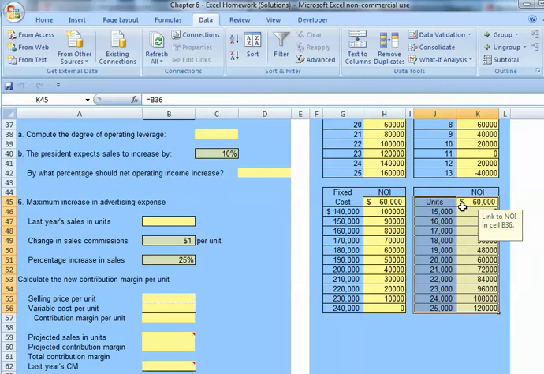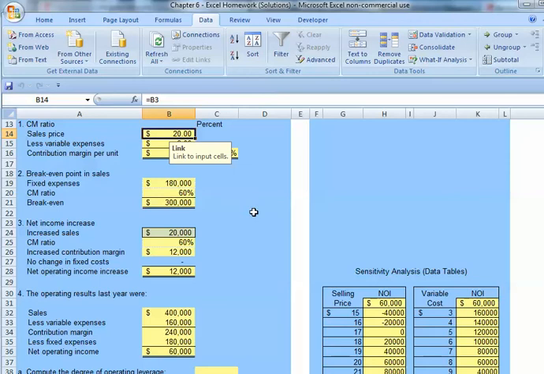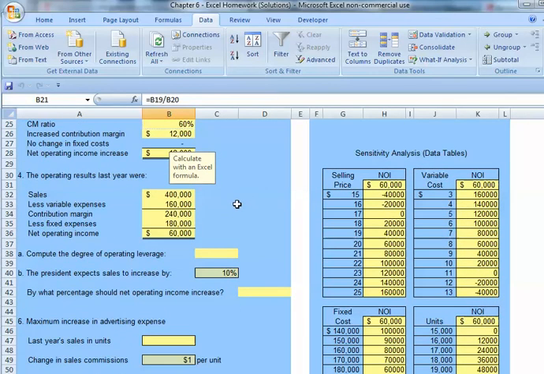And when we do that, we can see we would have had a break-even point at 15,000 units. 15,000 units times our current selling price of $20 per unit agrees with the break-even we calculated in part number 2.